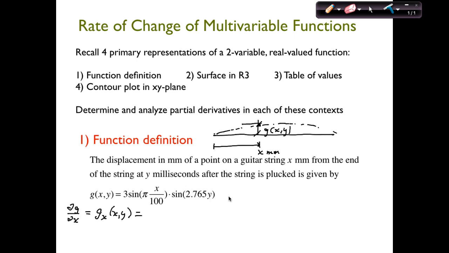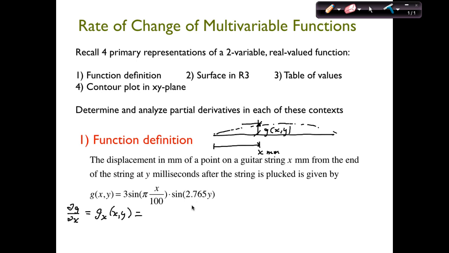Yeah, so like we said, you need to hold it constant, right? You need to hold that y value constant. And so you're going to treat y as a constant. So pretend this y is like a 4 or a 10, but you'd still call it y, okay? So what would the derivative of this thing be?